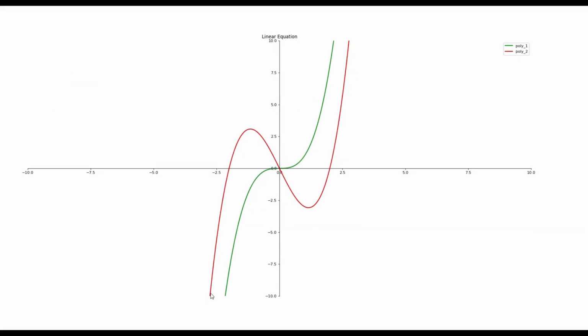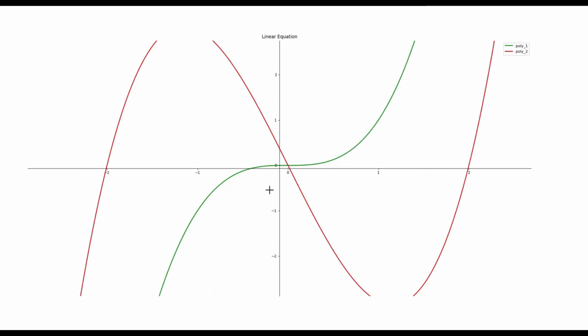So here you have the red line passing through the x-axis at 1, 2 and 3 different places, while the green is just passing through the x-axis at only one place. It looks like it might be passing through a lot of places, but if you zoom in, you'll get to know. Even the zooming in is a bit tricky, right?